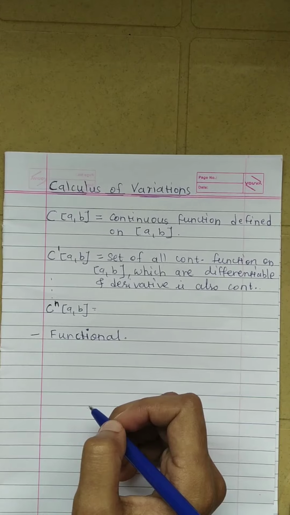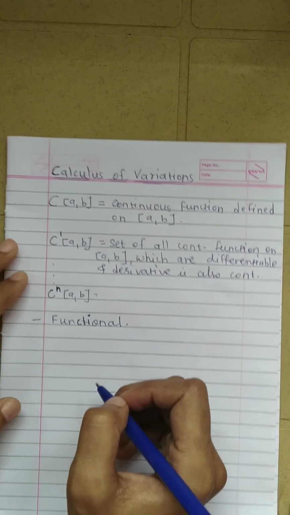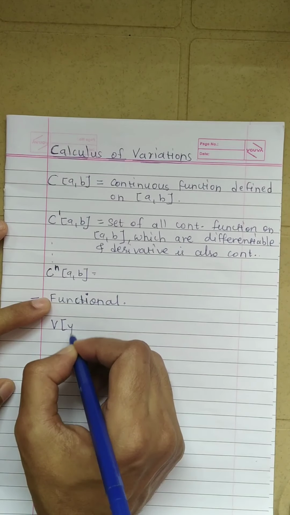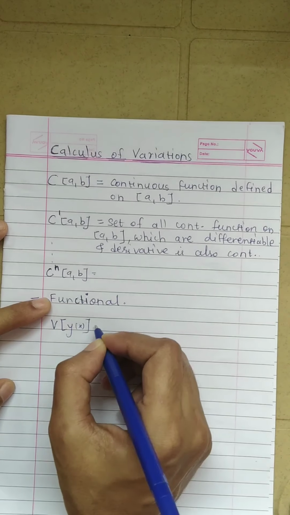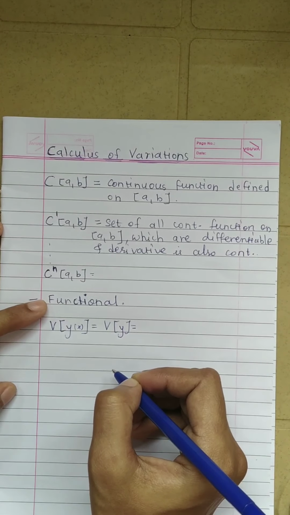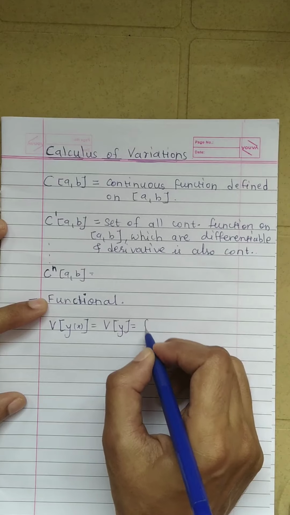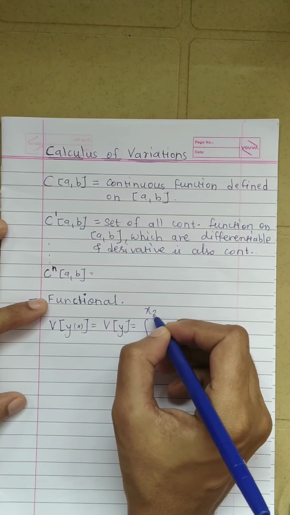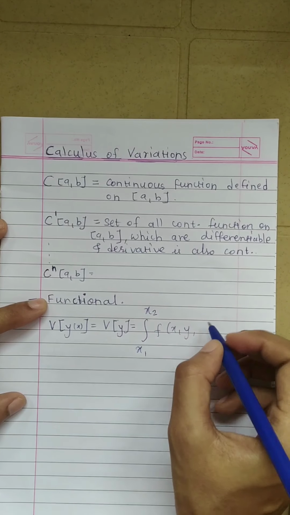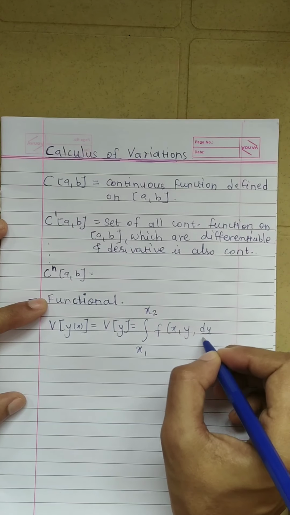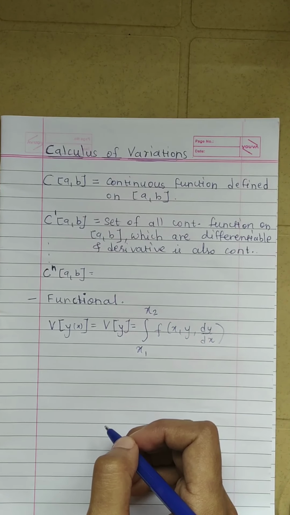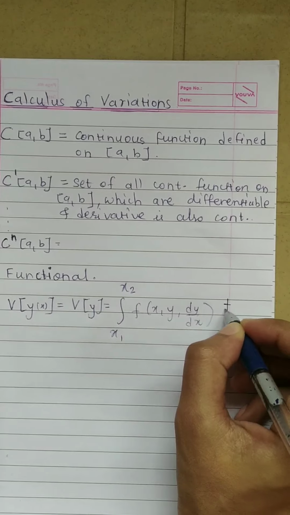So now what is this functional? Okay, to start with this, let us take this quantity V[y(x)], which will also be called V of y, equal to the integral from x1 to x2 of f(x, y, dy/dx) dx.